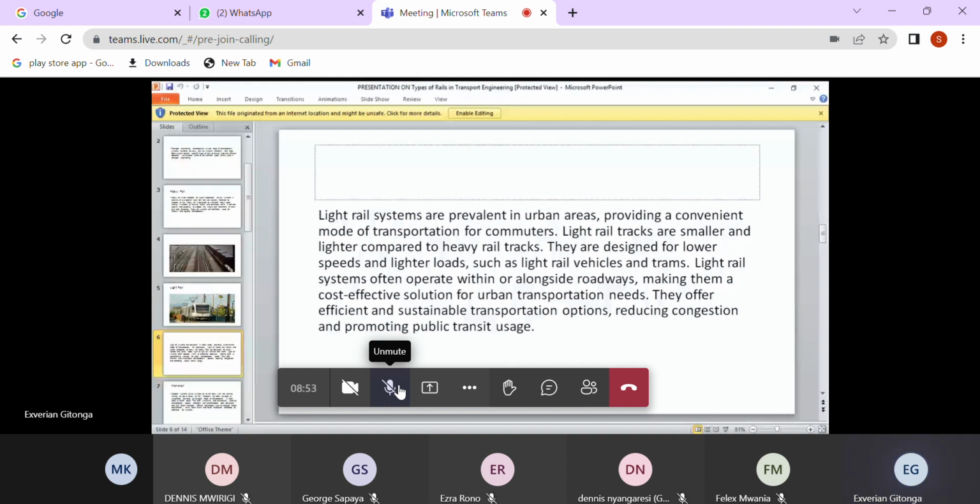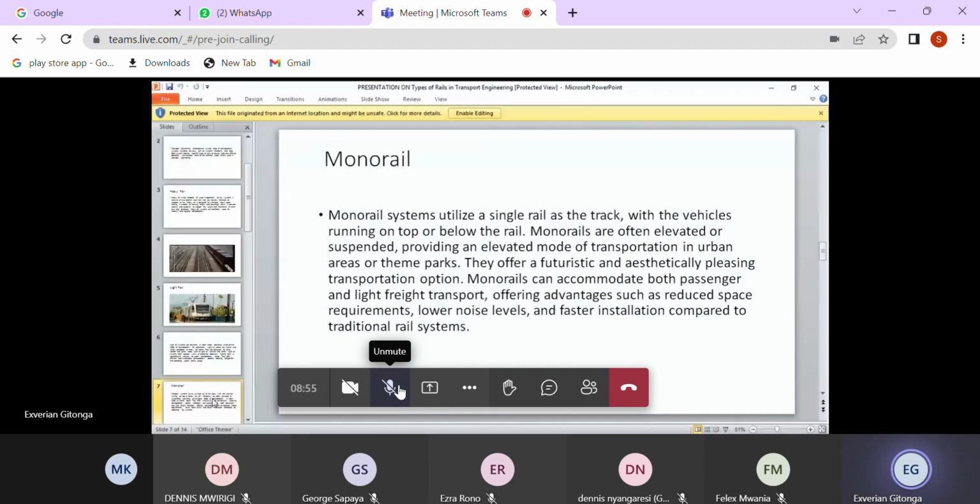So we go to another type, which is the monorail. These systems utilize a single rail as the track, with the vehicles running on top or below the rail. Monorails are often elevated or suspended, providing an elevated mode of transportation in urban areas or theme parks. They offer a futuristic and aesthetically pleasing transportation option.